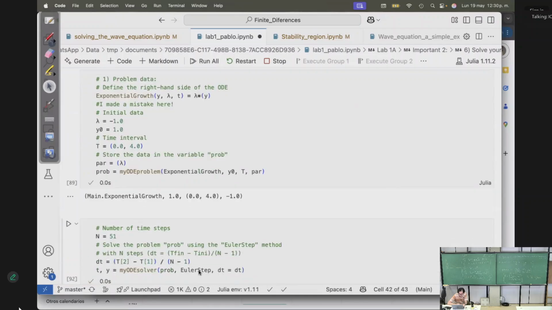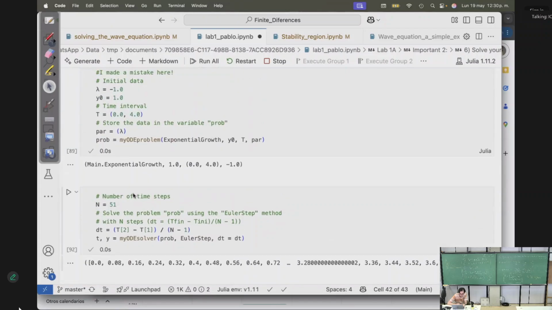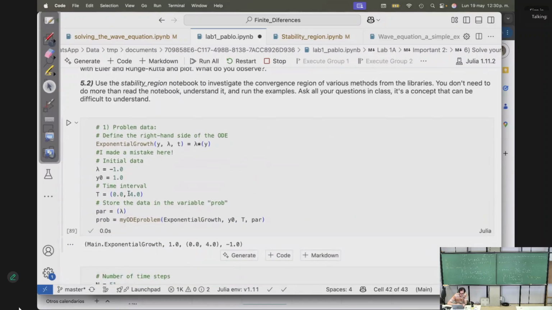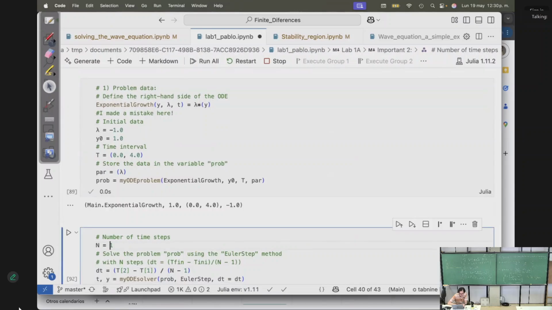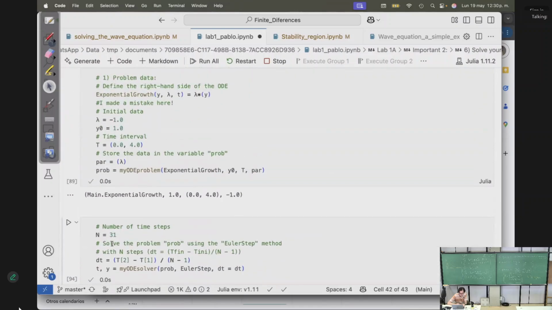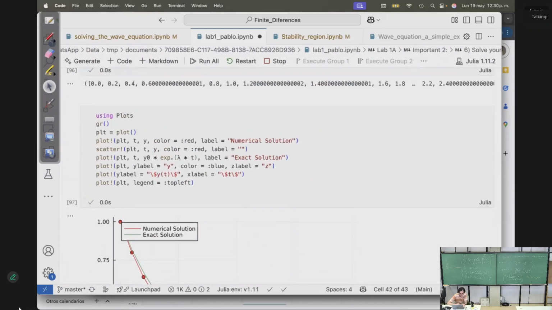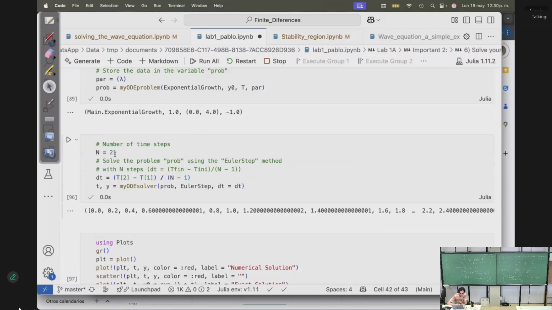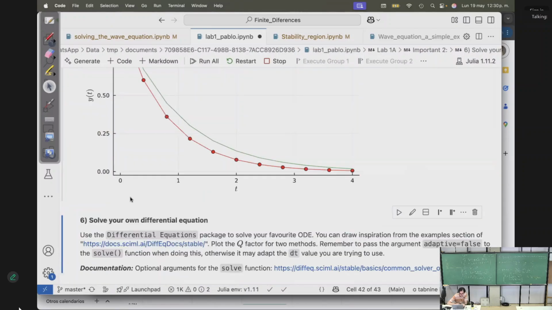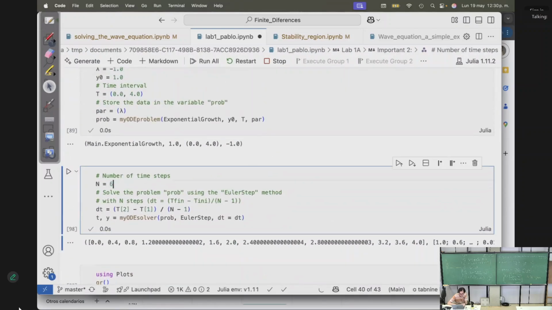And we decide, okay, let's see what happens if we continue going down that road. So 50, 30, 20, 10, and 6 here.